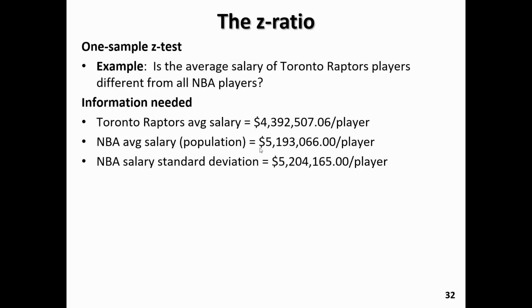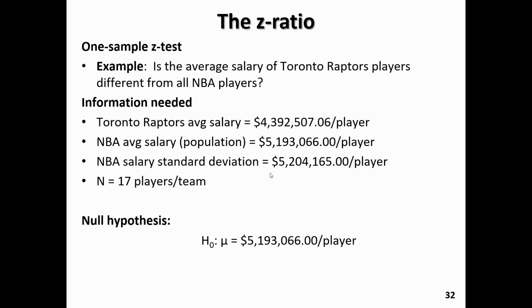With a standard deviation greater than the actual average, these data display a very wide degree of variability. The last item that we need is the number of players per team. We're going to go with 17 players per team.